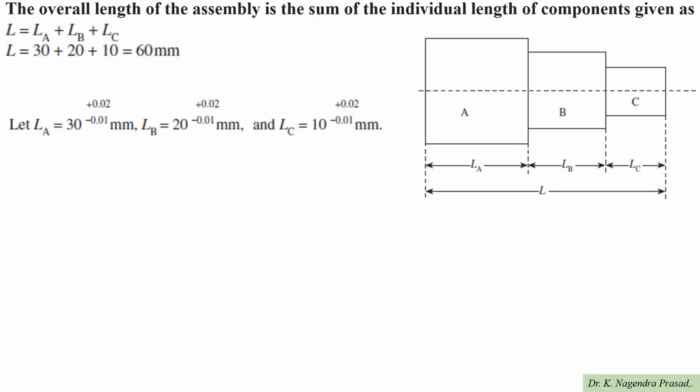Let's see one example problem for this tolerance accumulation. The overall length of the assembly is the sum of the individual lengths of the components, and it is given as L equal to LA plus LB plus LC. So here L is the overall length of the component and LA is the individual length of the components.